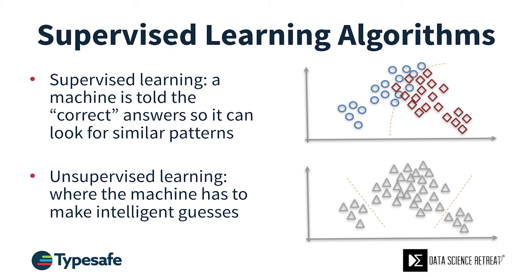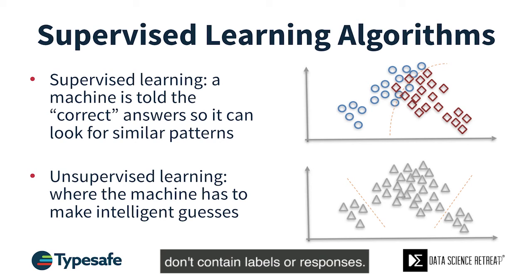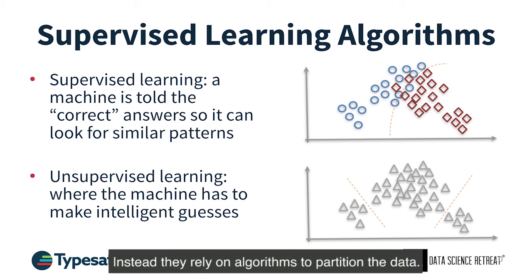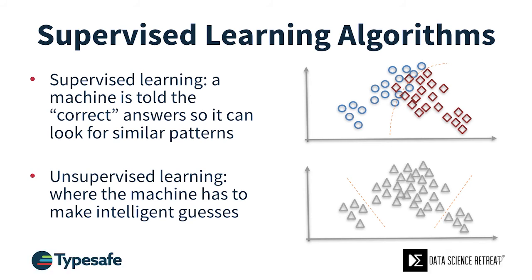Now, unsupervised learning methods like principal components analysis don't contain labels or responses. Instead, they rely on algorithms to partition the data. So in the case of image recognition, maybe we have pixel data that will end up clustering based on image type, where image type might be dogs or cats.